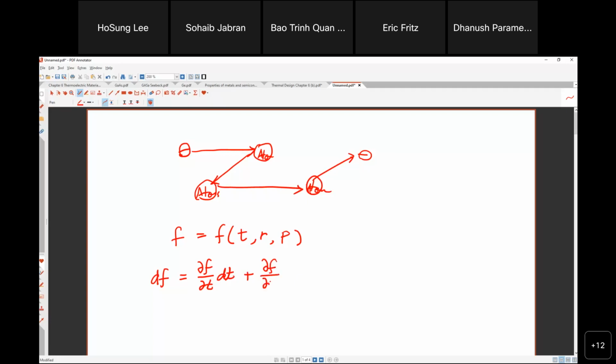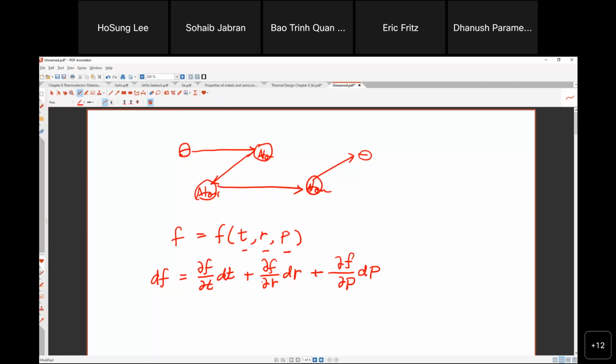The function partial with respect to r and dr, and the partial distribution with respect to momentum and momentum difference. That's straightforward, no question. It's math. Once we have three variables, we can say that.